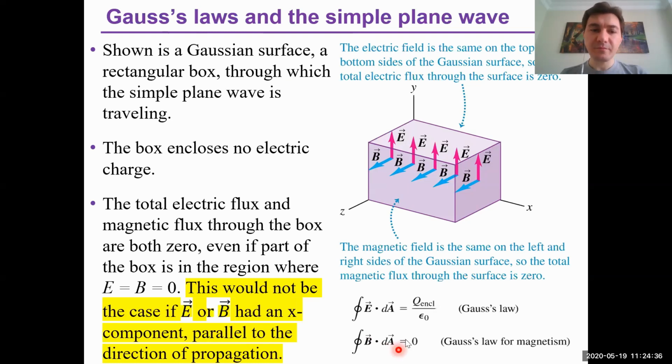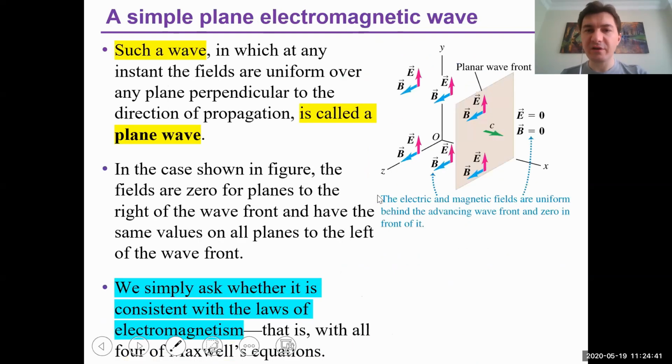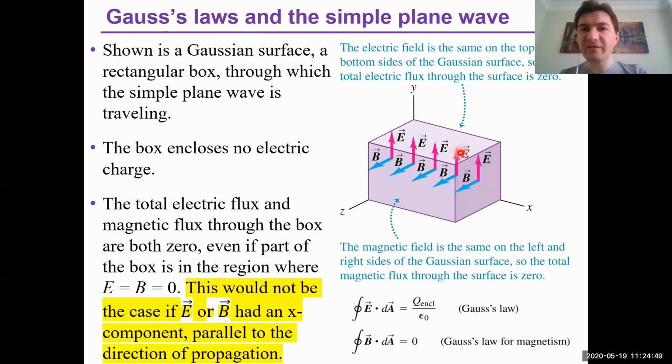So now let's apply these laws to that condition. Here we have electric fields and magnetic fields on the left side and nothing on the right side. Just define a Gaussian surface like this, a rectangular box, okay? And electric fields enter into that box and leave that box like this. And then the magnetic field enters that box from that side and leaves from that side.